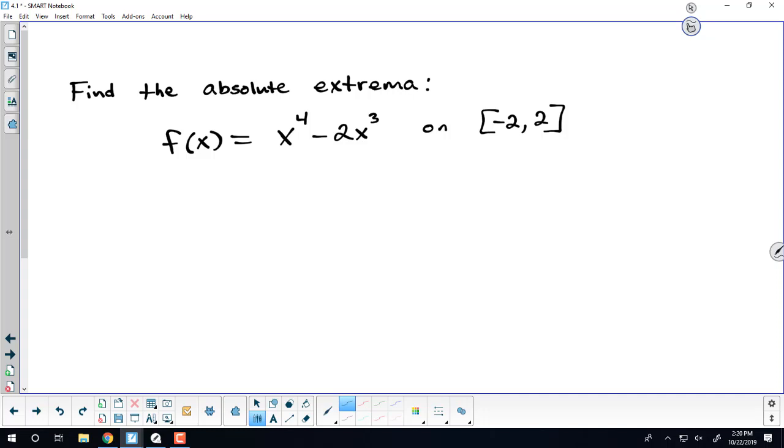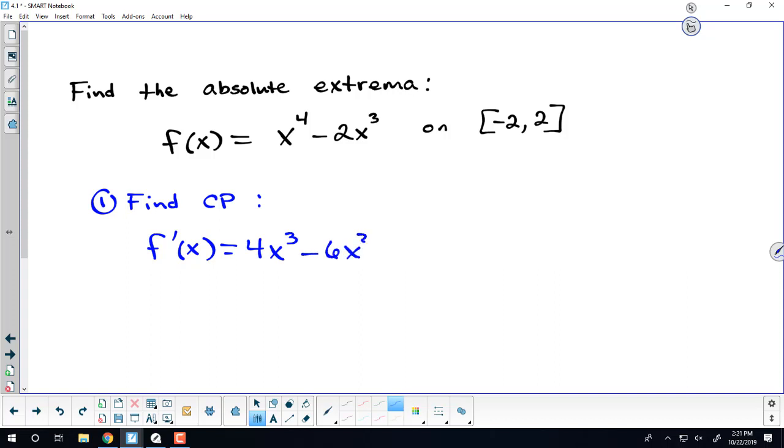So step one, we're going to locate the critical points. So we look at the derivative, where the derivative is 0 or undefined. Because remember, critical points could correspond to local maximums and minimums, and we saw two examples where the local were the absolute.